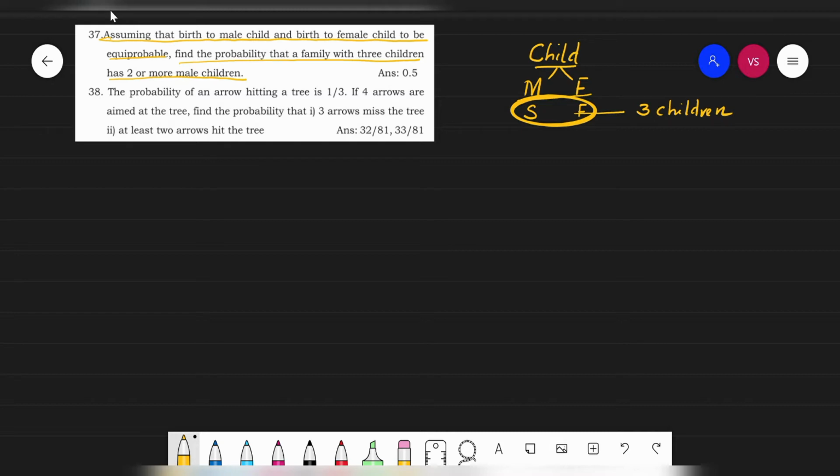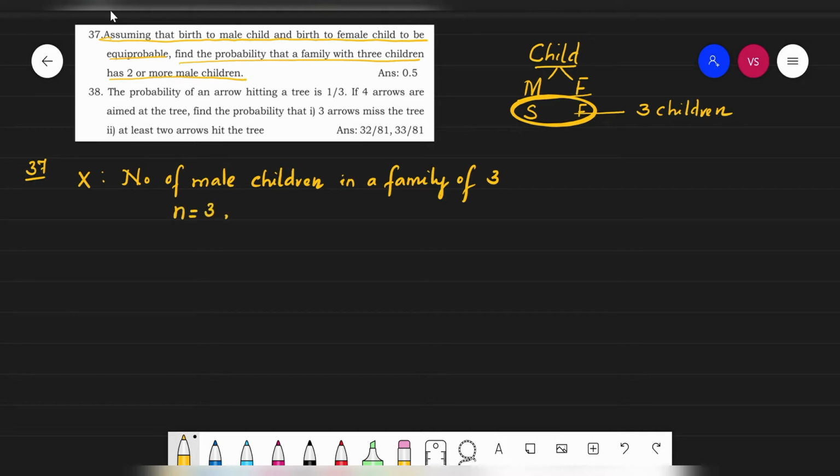Okay, so what is it all about? It is all about the male children. So I'll denote X as the number of male children in a family of three. So n is equal to 3. Next, what is p?